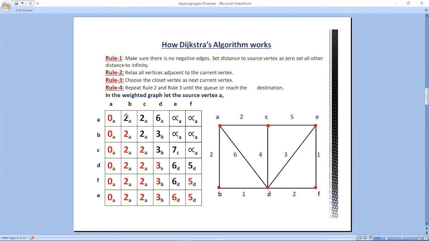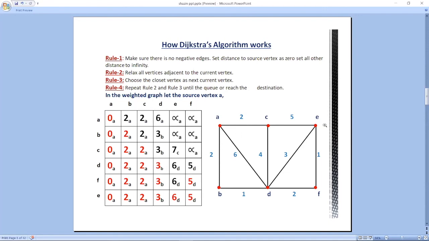So we mark the 2 from A. And A to D there is a direct way, so we mark the distance 6 units from A. And A to B there is a direct way, so we put the distance 2 units from A.